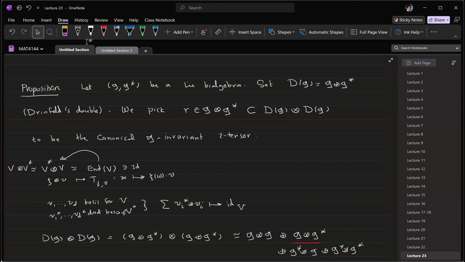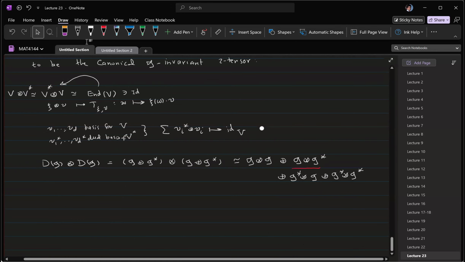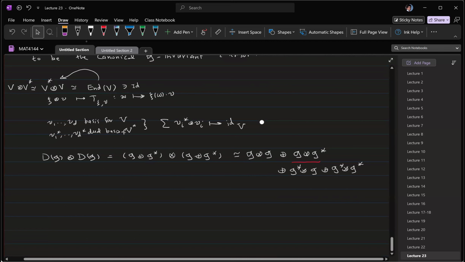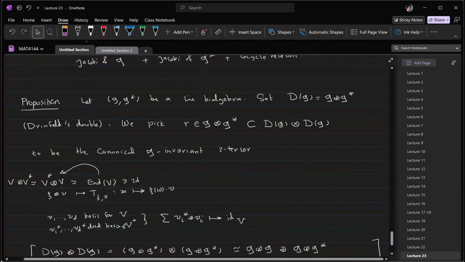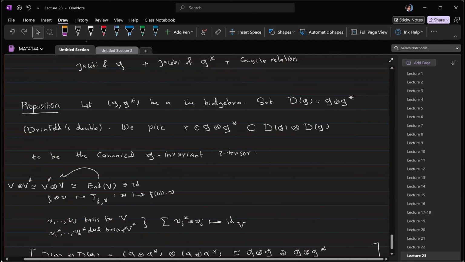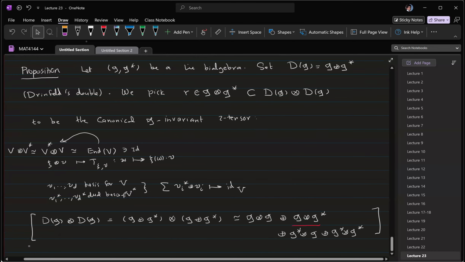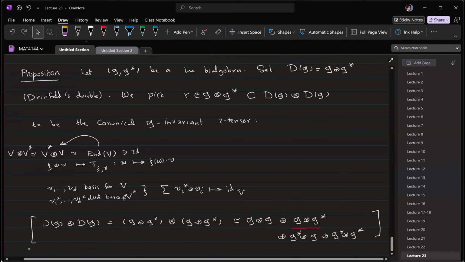Now maybe I continue the proposition here. So this was some digression about the decomposition. Now what I want to do is equip this DG with a Lie bialgebra structure. So I have to give a delta, and this delta will be just a coboundary delta. I gave you a tensor R, which is in DG tensor DG.